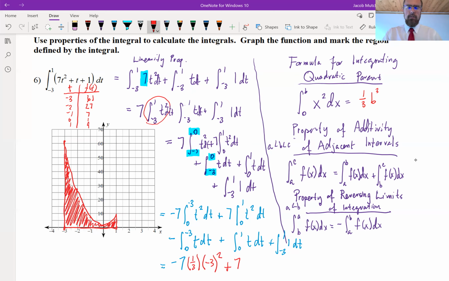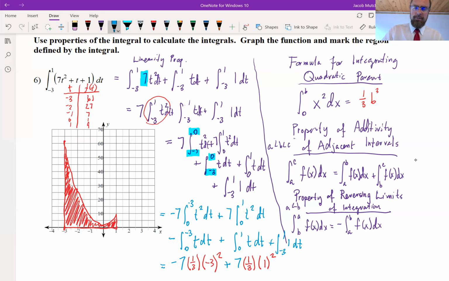We'll keep this color coded so we can see where we're applying the properties. So plus 7. Again, I'm integrating from 0 to 1 of t squared dt, so that's going to be, again, a third times the upper limit 1 squared.